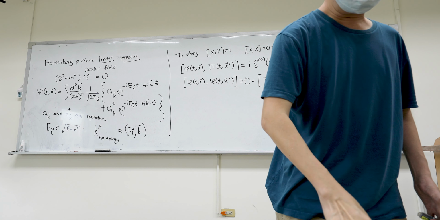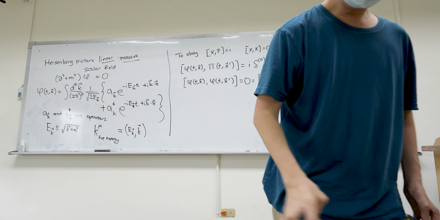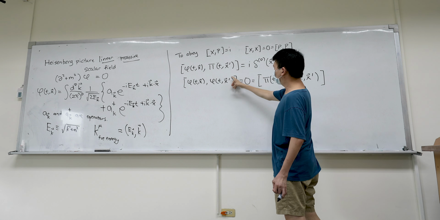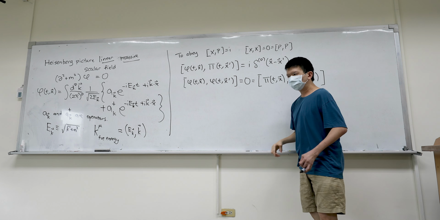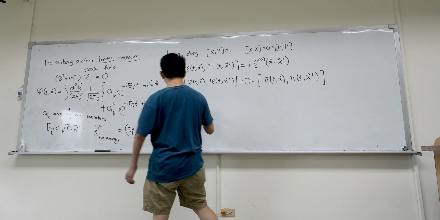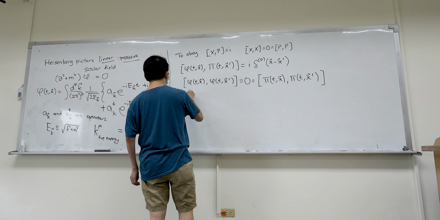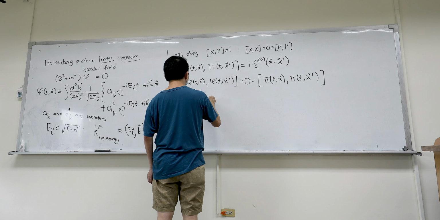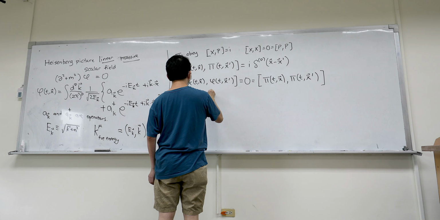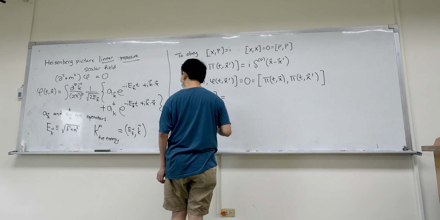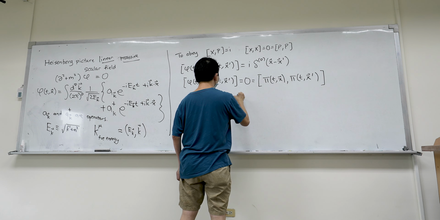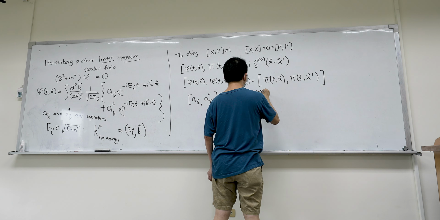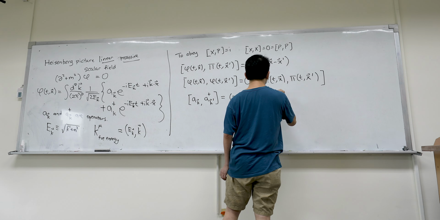You can play around with it, and you'll realize that to simultaneously satisfy all three of them, the solution is the following. You need the A k commutator with A k prime dagger to give you 2 pi to the d times delta function of k minus k prime.